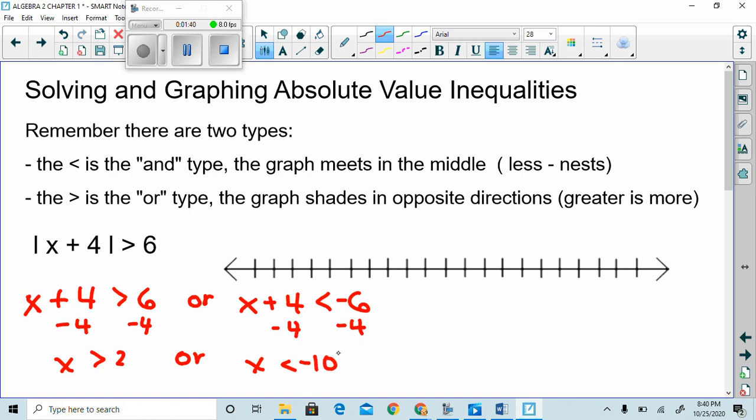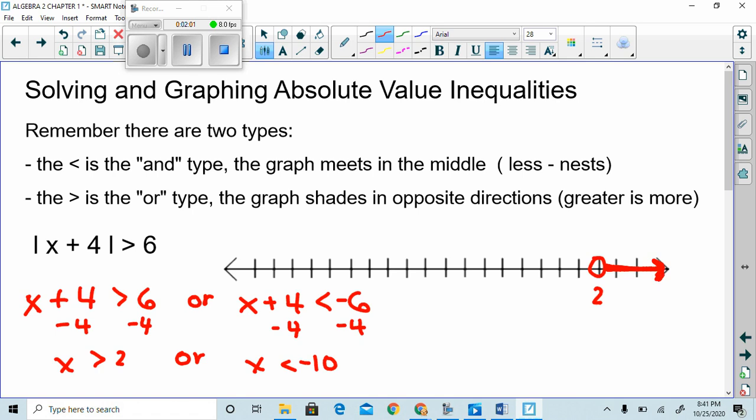So again, if I give you a blank number line, all you need to do is find your boundary points. So I see positive 2, and let's just say positive 2 is somewhere down here. So if this is 2, open circle, and x is greater than 2, so everything will shade in this direction.